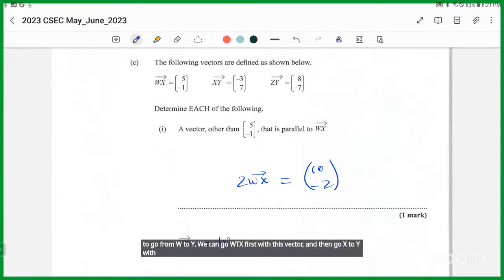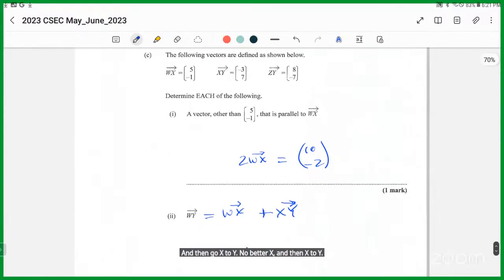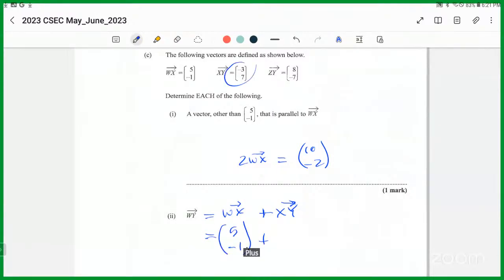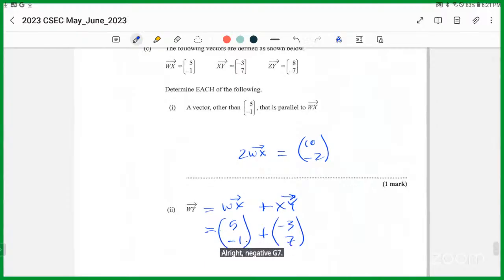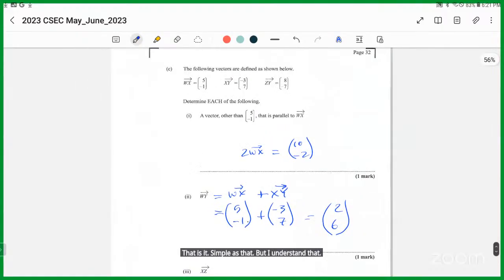So W to X is (5, -1) plus X to Y is (-3, 7). This works out to 5 minus 3 is 2, and -1 plus 7 is 6. That is it. Simple as that.